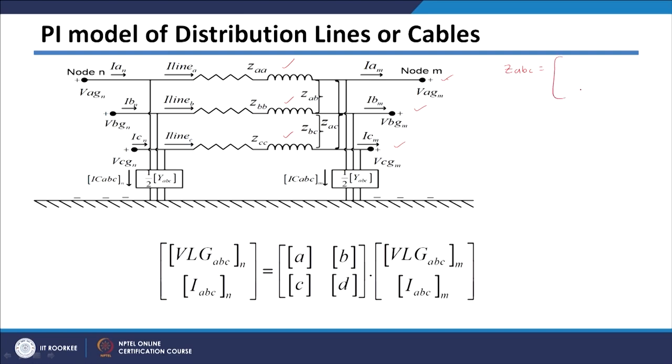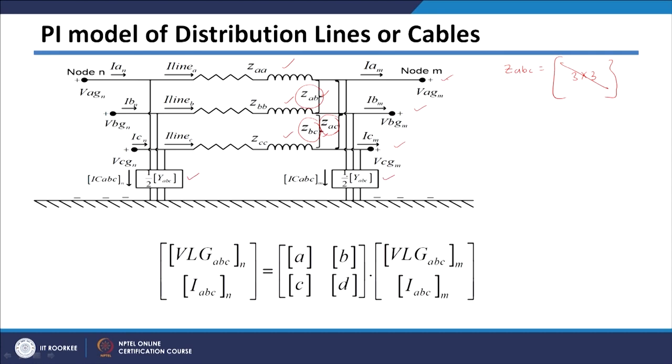We have seen it is a 3 by 3 matrix, which has mutual impedances also. So, ZAA, ZBB and ZCC are diagonal elements, and there will be mutual impedances, that is ZAB between A and B, ZBC between B and C, and ZAC between A and C. And then there will be shunt admittances.